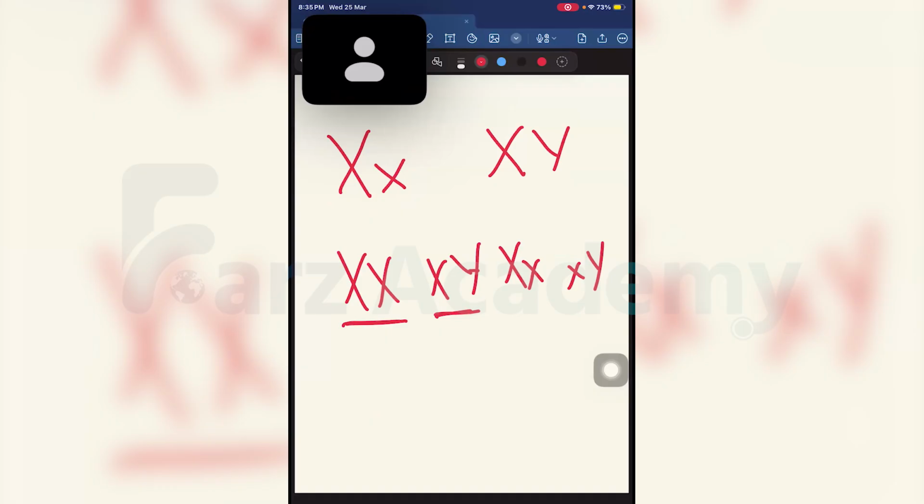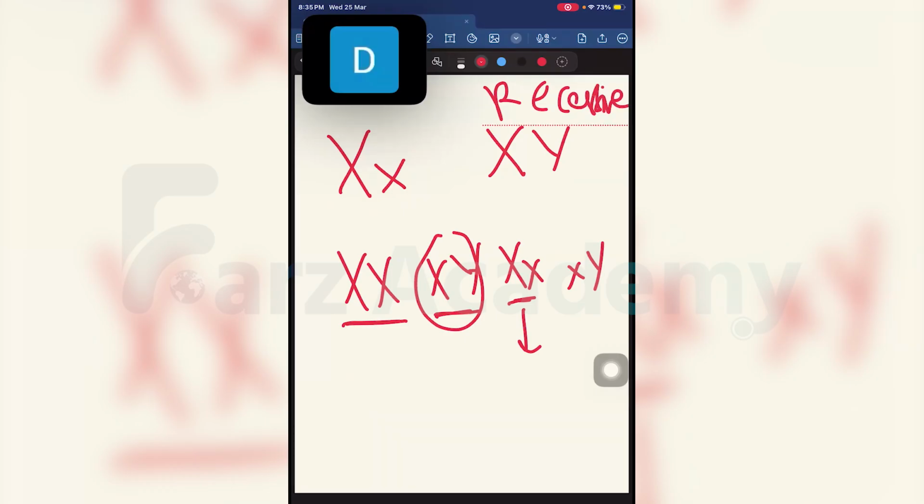Take it as recessive. Carrier. This would be diseased. Correct?